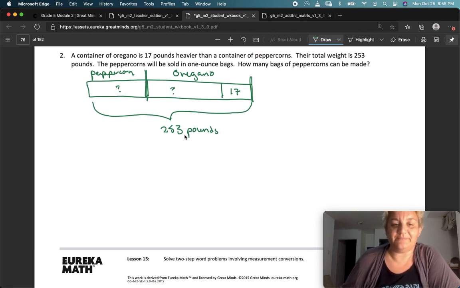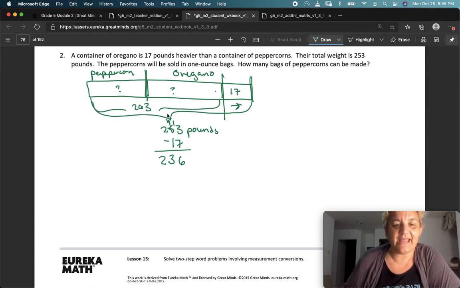So first of all, how am I going to find these two numbers here, which are the same number? First, I'm going to take that 253 and subtract that 17 off of there. And I'm just going to cut this off, and that's going to leave me with 236. Then I know that this part right here, from here to here, is 236.